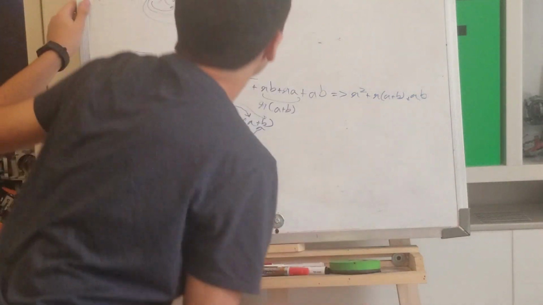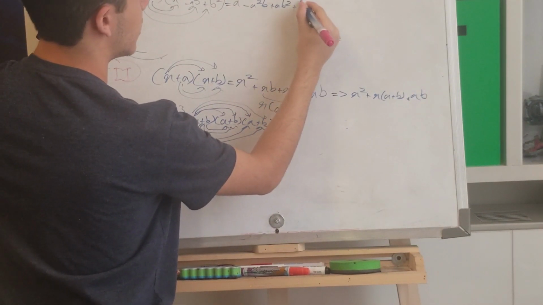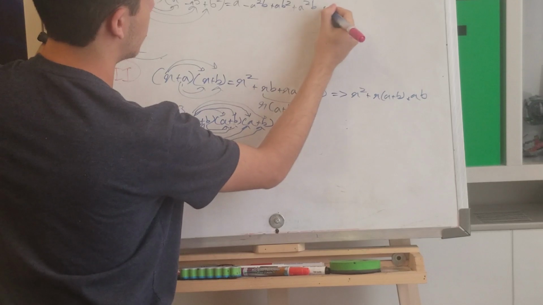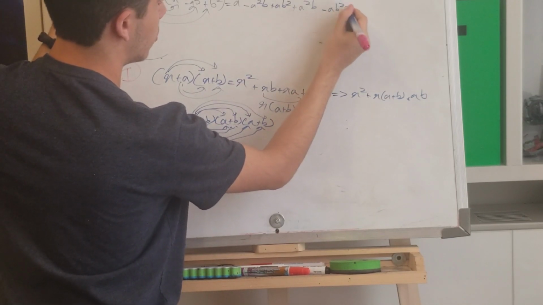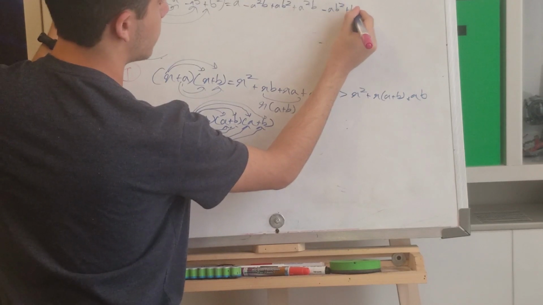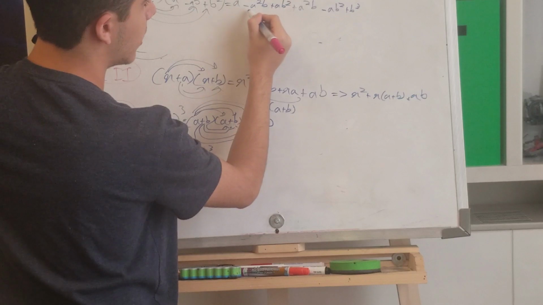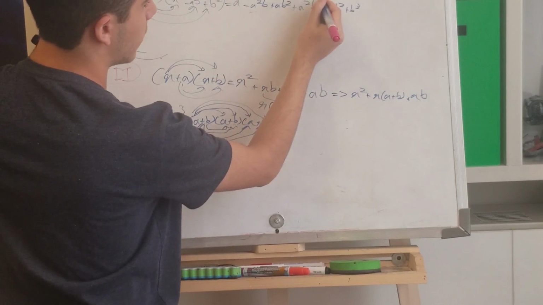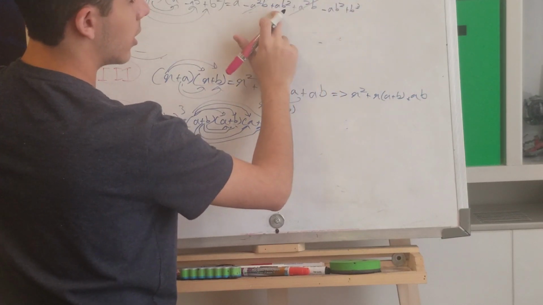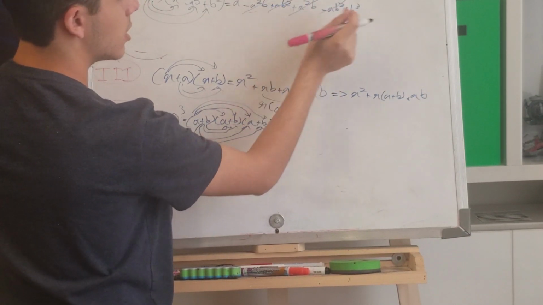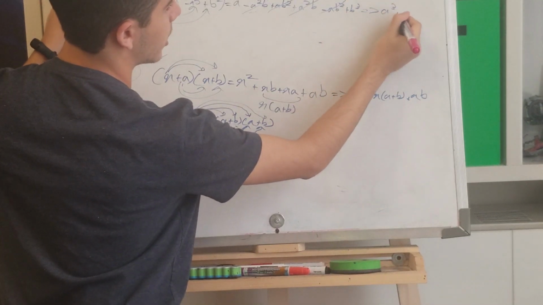And then plus a squared b, minus ab squared and plus b cubed. I think that's right. So negative a squared b goes with positive a squared b, so that cancels. Now negative ab squared cancels out this, so eventually at the end you'll have a cubed plus b cubed.